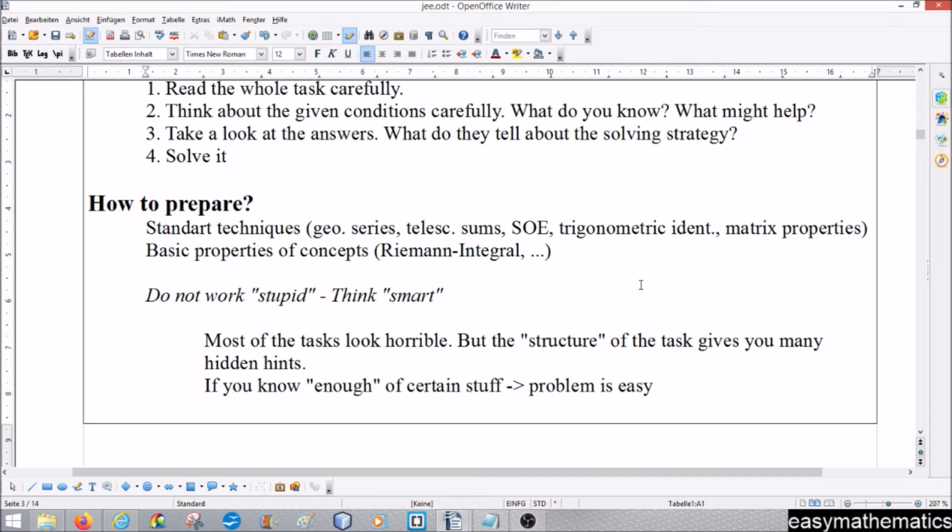Most of the tasks look horrible, but the structure of the question gives you many hidden hints. If you think about it carefully, then the question is not as hard as it looks. Also in question 8, you will see that in detail.